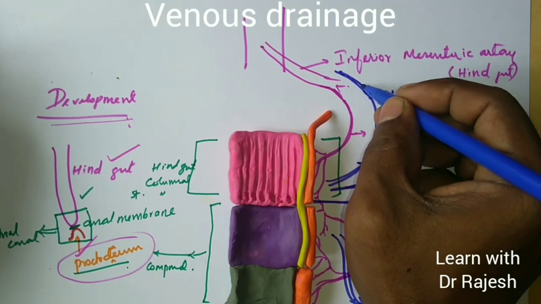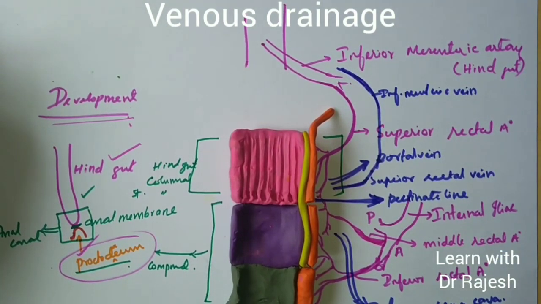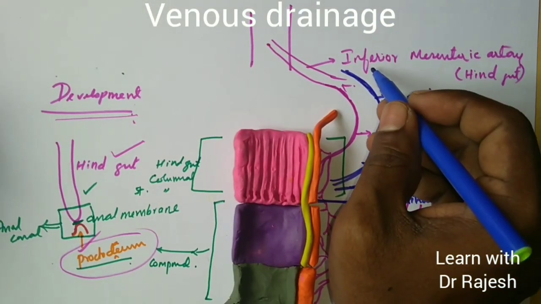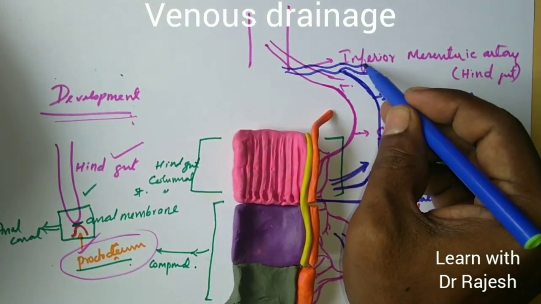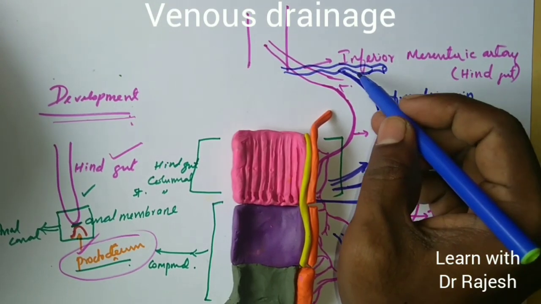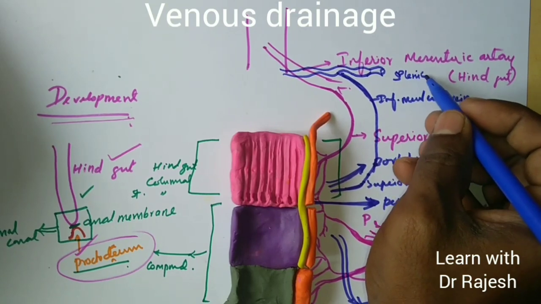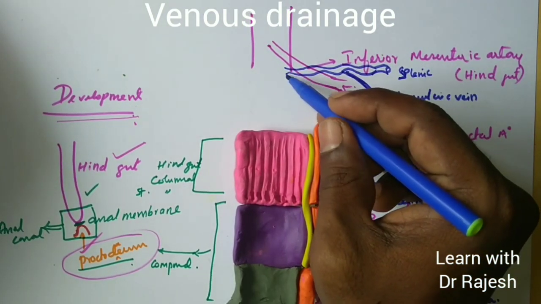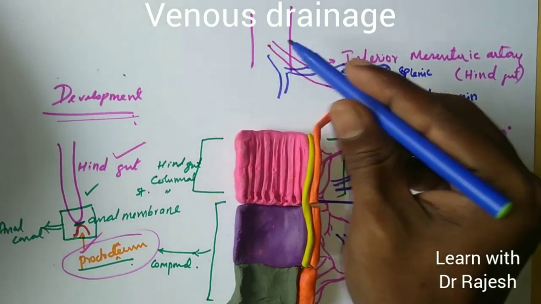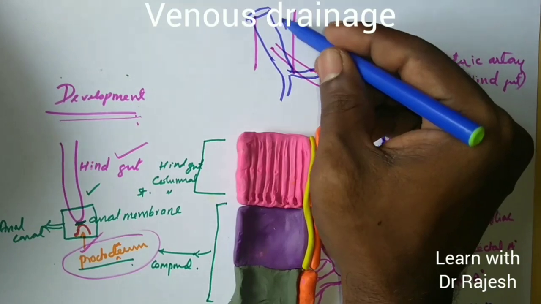The inferior mesenteric vein drains into the splenic vein. This splenic vein, along with the superior mesenteric vein, forms the portal vein.